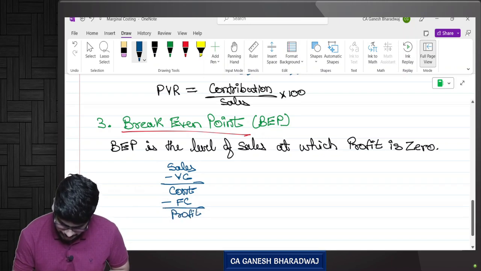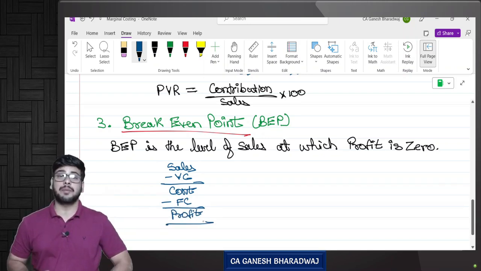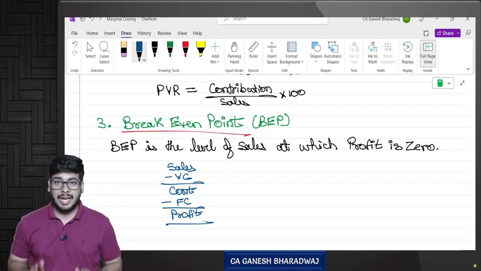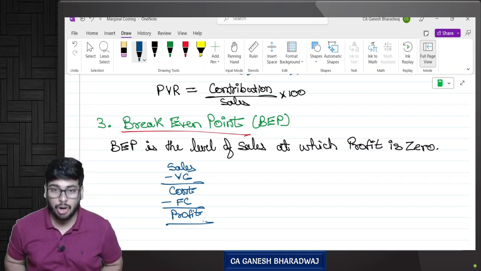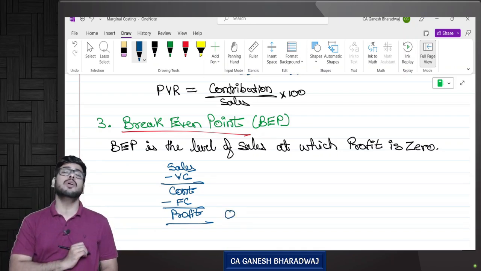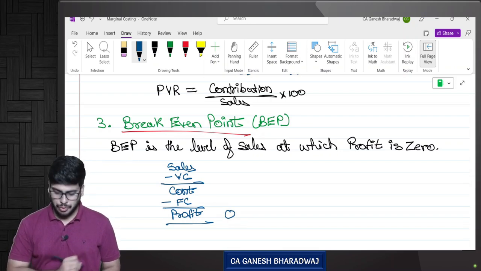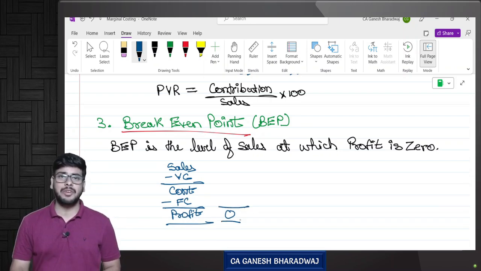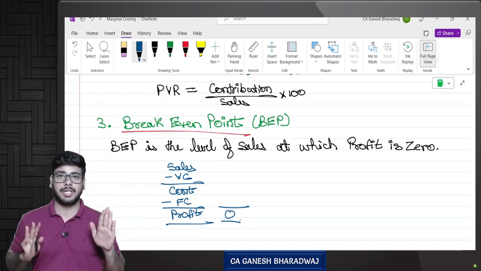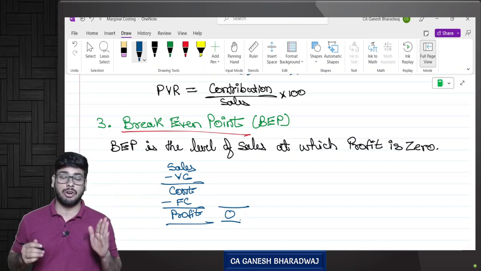Yes, right. Now, what do you mean by a break-even point? Break-even point is that level of sale where I neither make a profit nor do I make a loss. Or in other words, in this case, my profit should be equal to zero. Correct? So when will my profit be equal to zero? When my sales is equal to total cost. Correct?